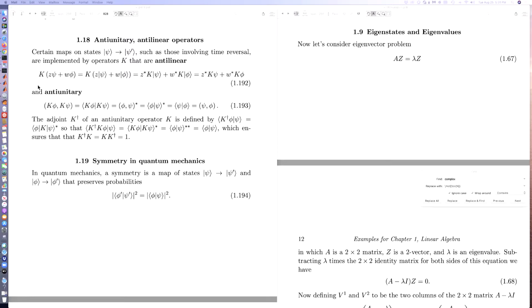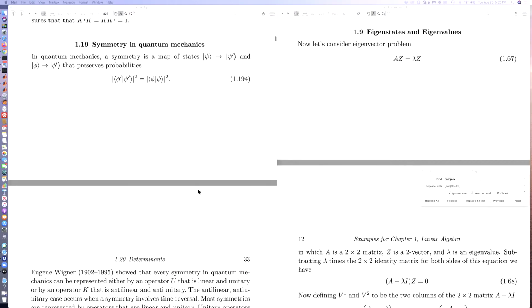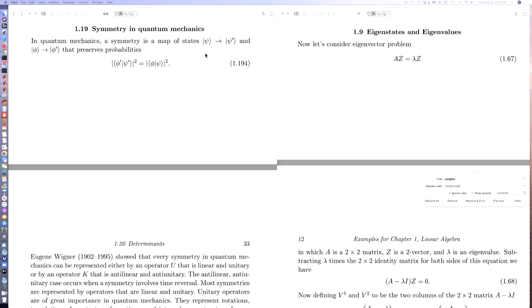And antilinear and anti-unitary are very strange, because what happens is you basically complex conjugate and transpose everything, and that's defined by these equations. So let me get back to the more important point of what a symmetry is in quantum mechanics.